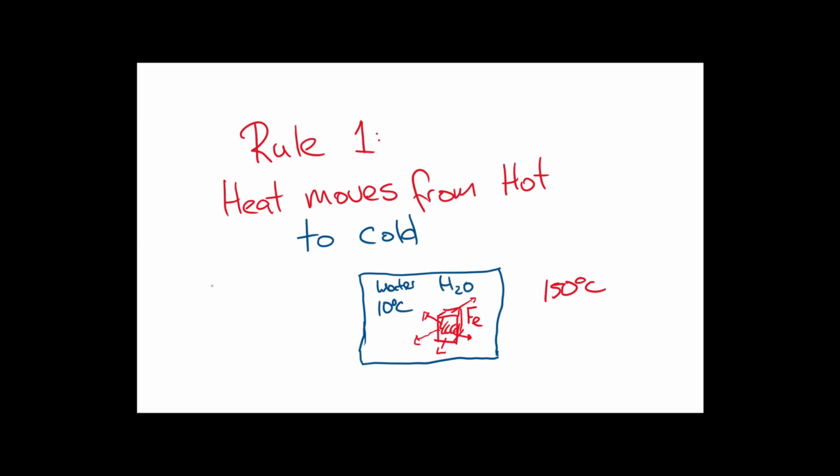So what's going to happen is that the temperature of the iron is going to go down, and the temperature of the water, H2O, is going to go up. It's not going to be a one-to-one basis, but at some point they're going to be the same temperature. And we call that thermal equilibrium.